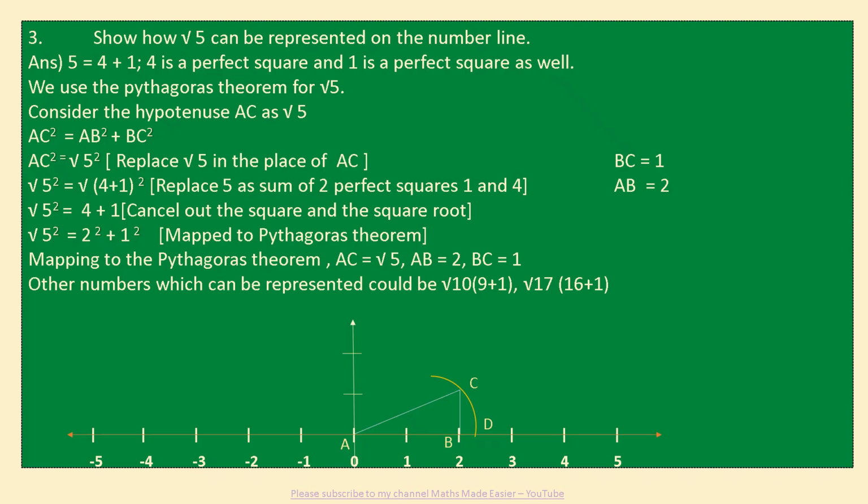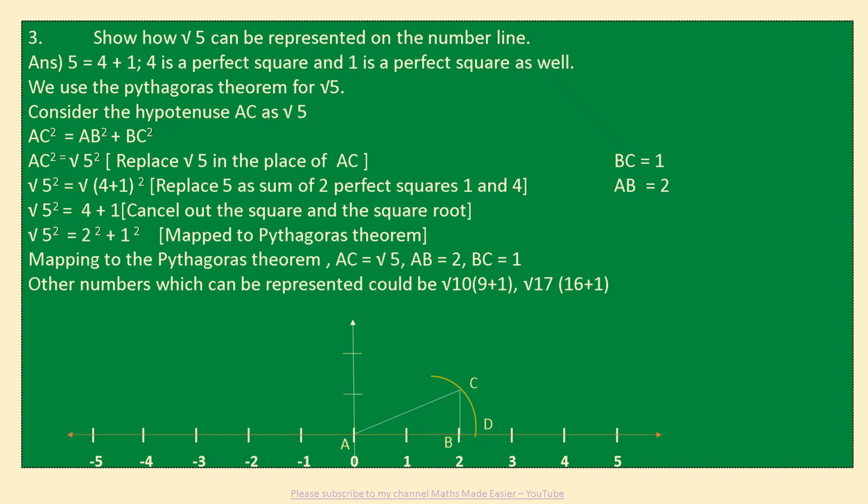So, how do we find out the value of root 5 on the number line is, you draw AB with the measurement of 2 and BC with a measurement of 1. Draw the hypotenuse. Now we have derived 2 and 1 using root 5 by using the Pythagoras theorem.